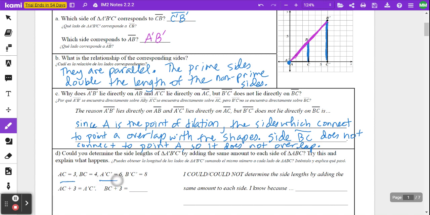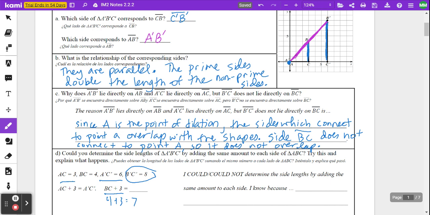AC went from 3 to 6. If I added 3 to BC, that would be 4 plus 3, which is 7. But that wouldn't be long enough because actually B prime, C prime is 8.